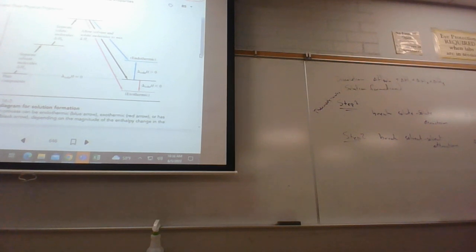Solution formation is favorable if delta H is less than 0, for sure. Or delta H is equal to 0.